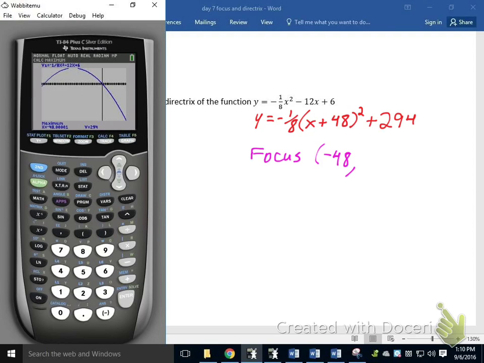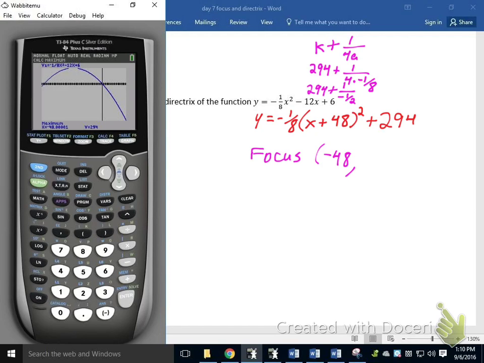To know my k value, that's where I have to do k plus 1/4a from the very first notes that we took. So now I'm going to apply that here. The k value was 294. So 294 plus 1/4 times -1/8. That looks absolutely awful, but it's not too bad, and here's why. 4 times -1/8 is -1/2.